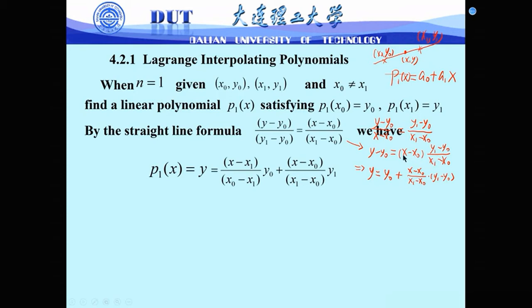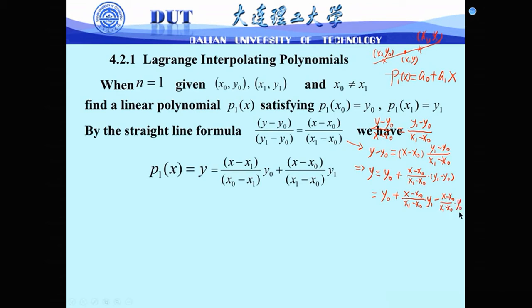We just move this term to the right side and the denominator over to this term. Now separate the two terms. The first term is (x minus x0) divided by (x1 minus x0) multiplied by y1, minus (x minus x0) divided by (x1 minus x0) multiplied by y0.